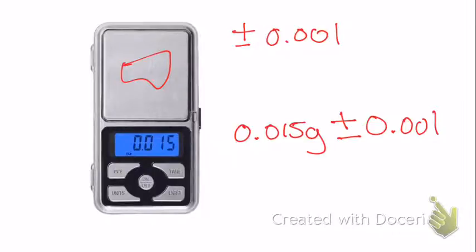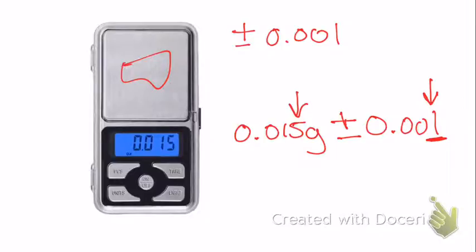What this means is, since this digit is in the 1000th place, it tells us that this is our uncertain digit. We know from significant figures that this last digit, the balance is estimating. It's estimating it as a 5, but it may not be. According to the plus or minus, remember that random error can be above the true value or below the true value.